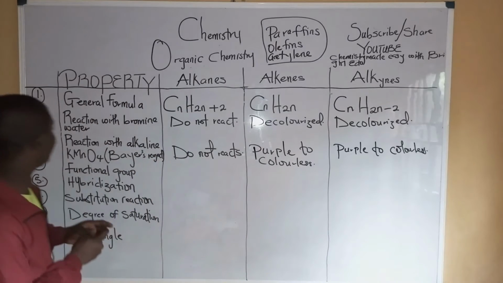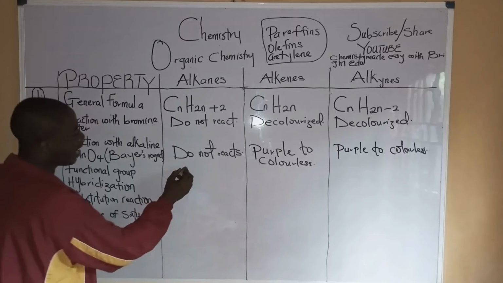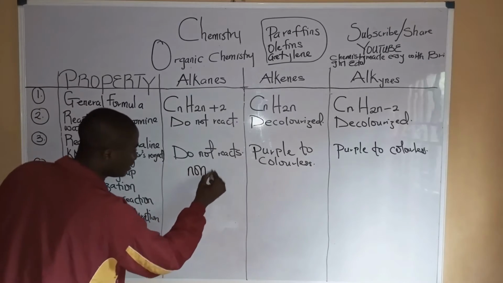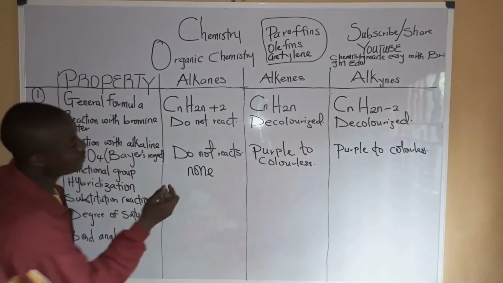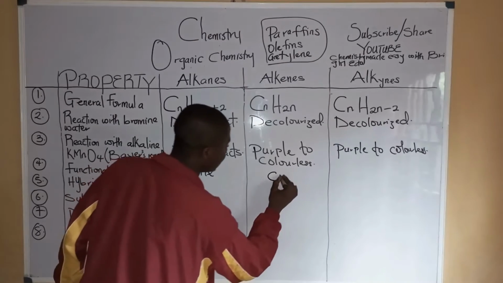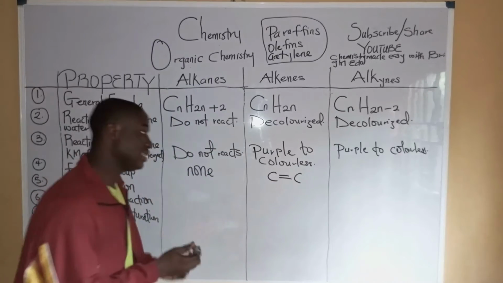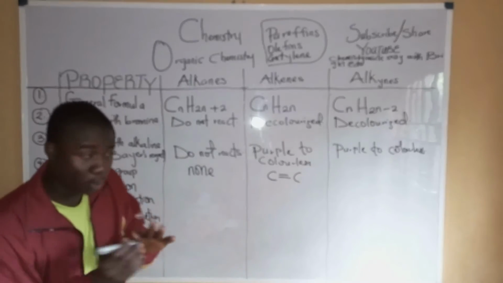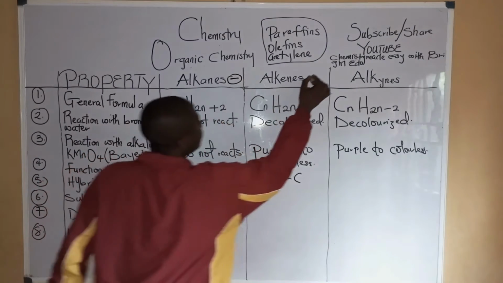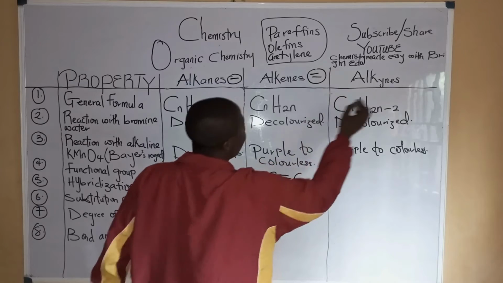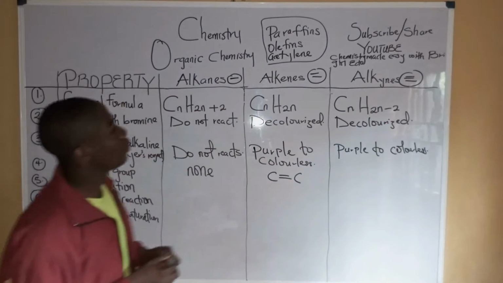Now, talking about the functional group, alkanes have no functional group, so write none. But for alkenes, the functional group is simply C double bond C. Alkanes have single bonds, alkenes have double bonds, and alkynes have triple bonds.